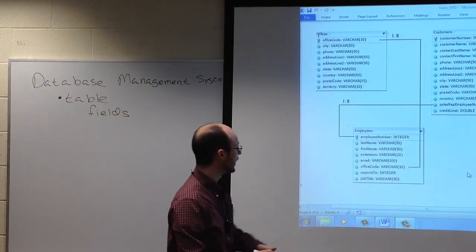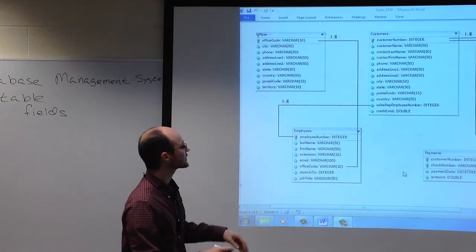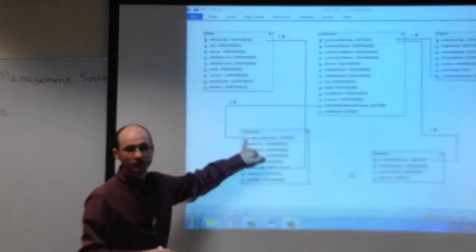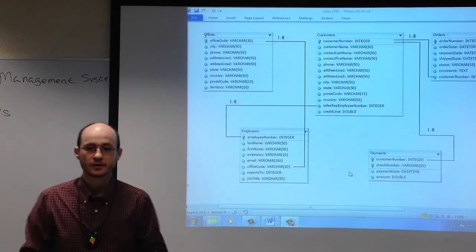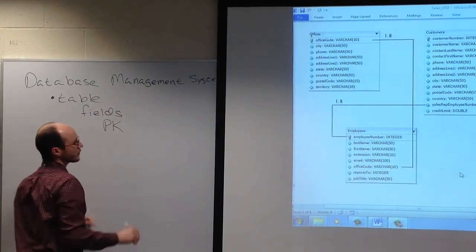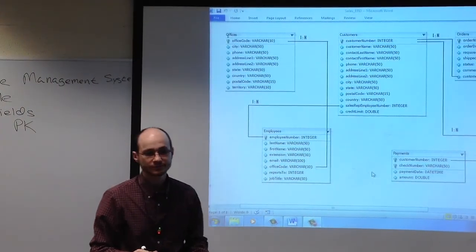In this particular case, our database administrator decided that all employees have an employee number. Next to the employee number is a golden key. That's the primary key.